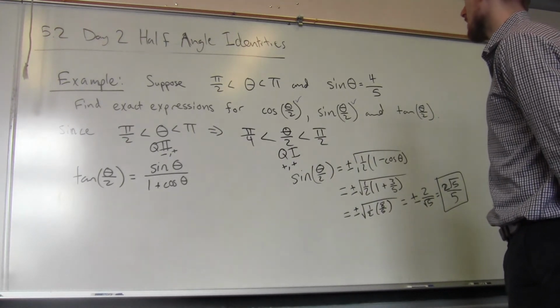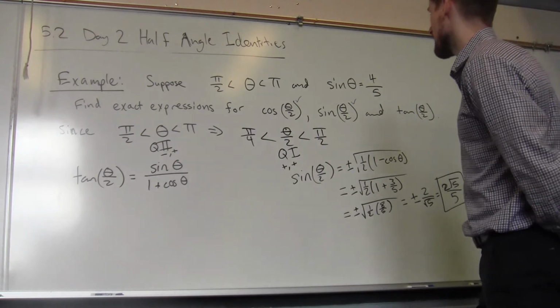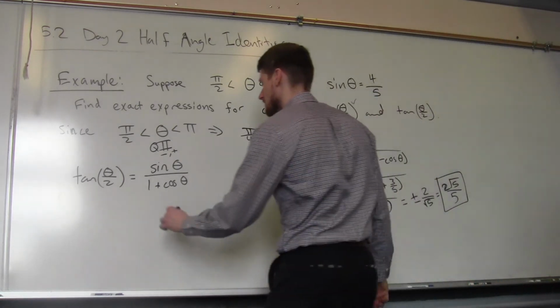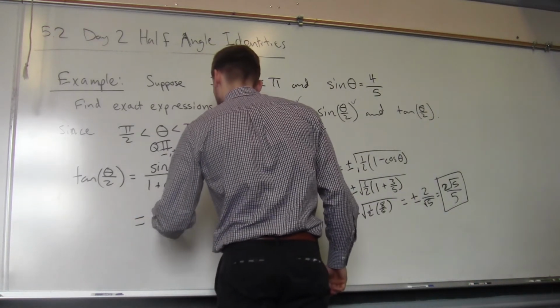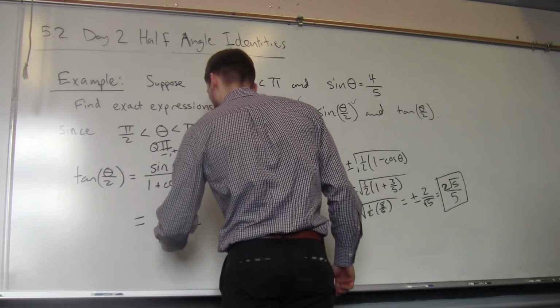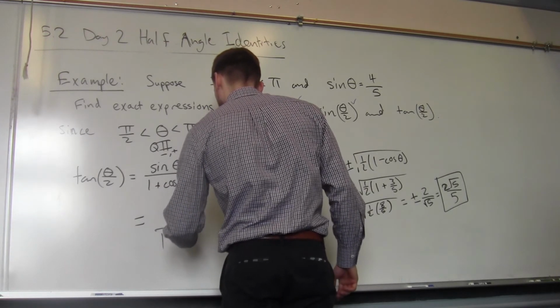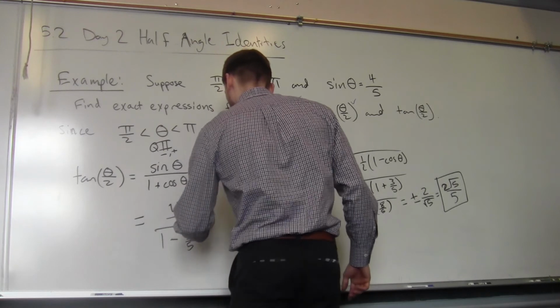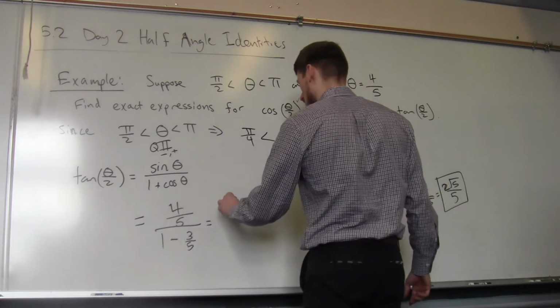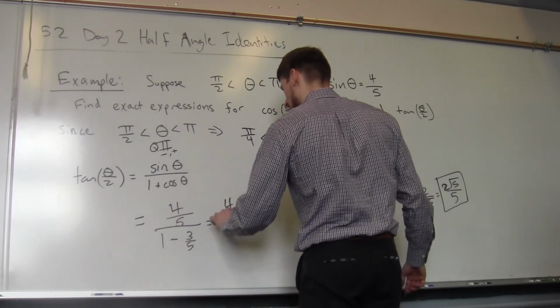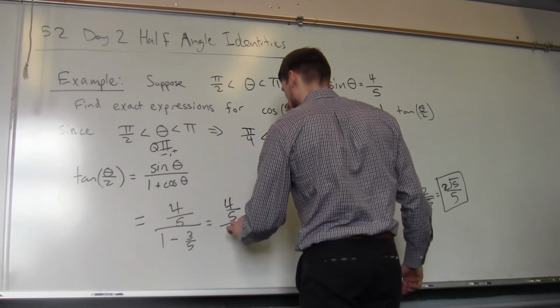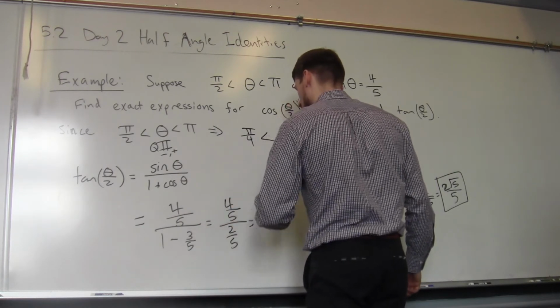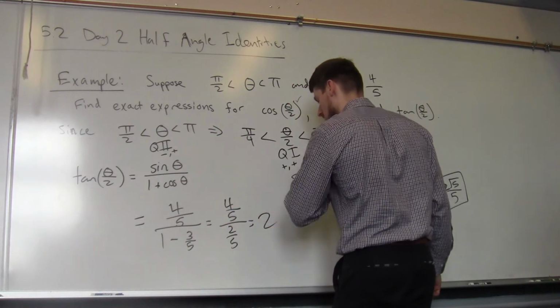We plug in our values for sine theta and for cosine theta. Sine theta is 4 over 5, so this equals 4/5 divided by 1 minus 3/5, which is 4/5 divided by 2/5, which is 4 divided by 2.